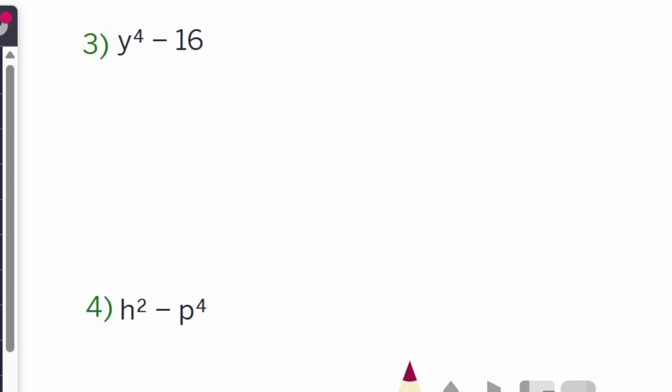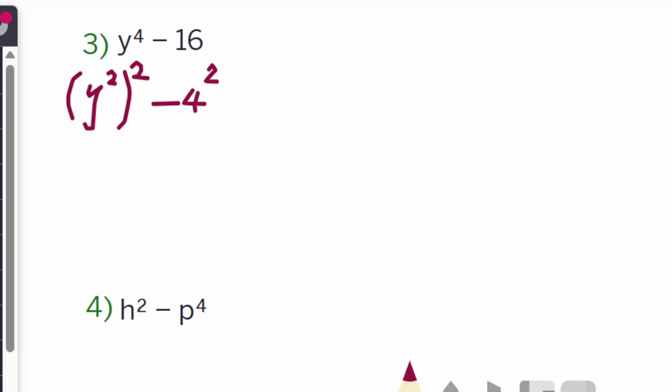Now let's look at this. This looks easy. So y to the power 4 minus 16. What I can do here, I'll say y to the power 4 is y squared squared, minus 16 is 4 squared.